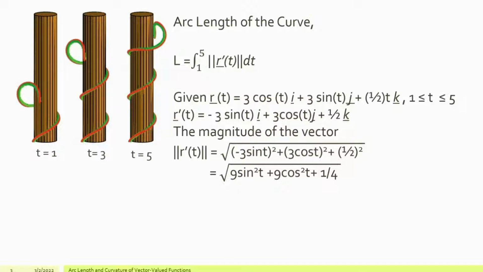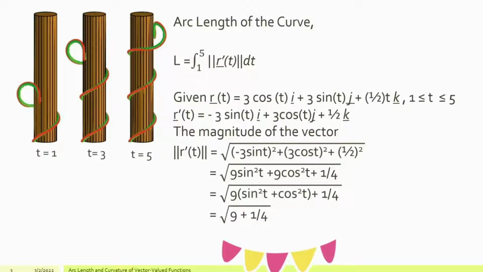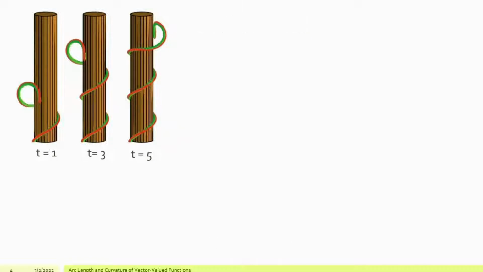Since sine square t plus cosine square t equals 1, we can simplify it, factor it out, and simplify again, and it becomes the square root of 9 plus 1 over 4. Eventually, you can find the magnitude of r prime t.